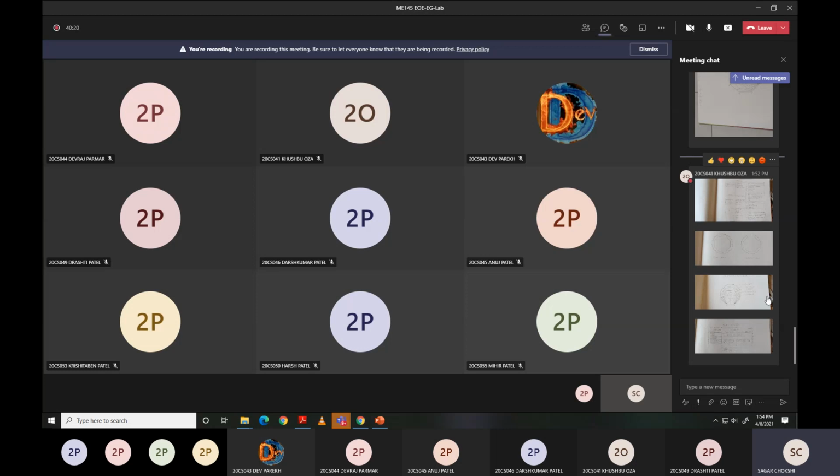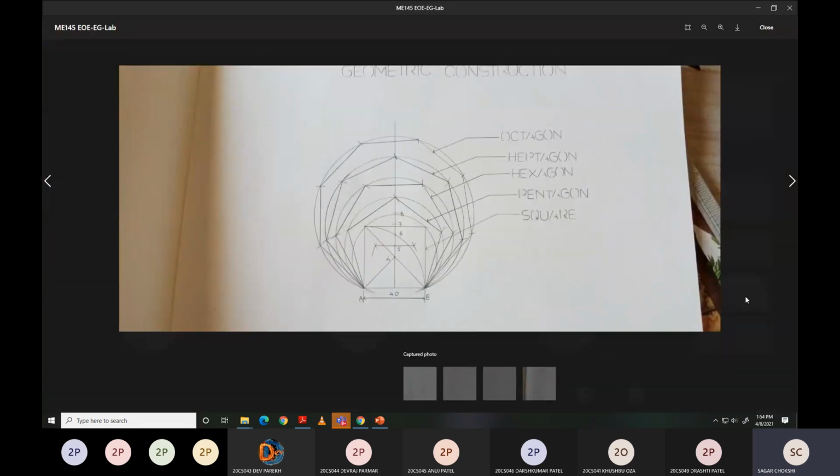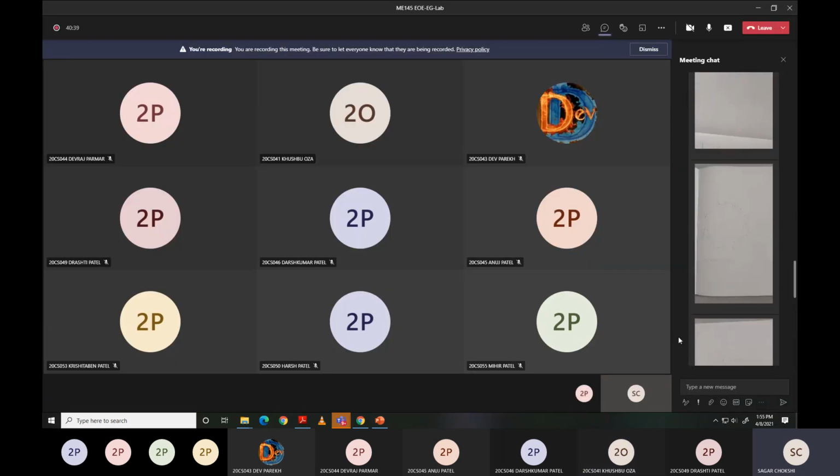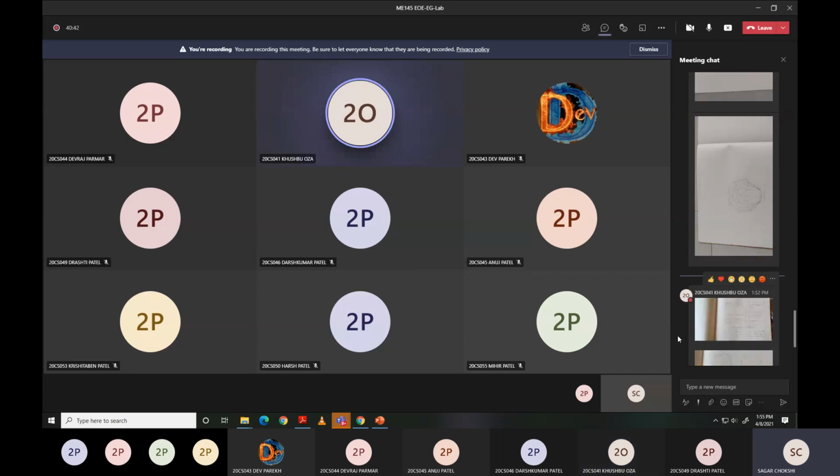The drawing should be like this. Even the continuous thick line and thin line are both identified in this figure, so it is good. Here you have to darken the octagon with the continuous thick line. Okay. Thank you, sir.